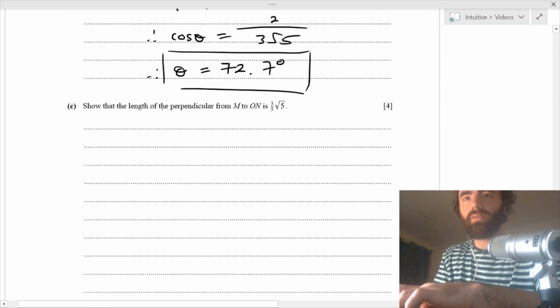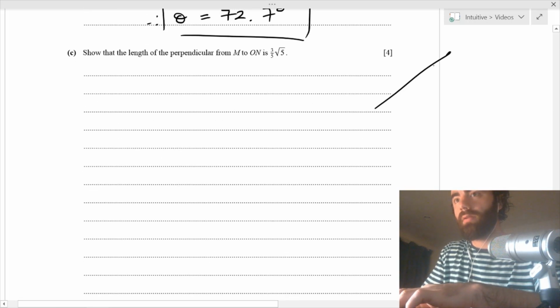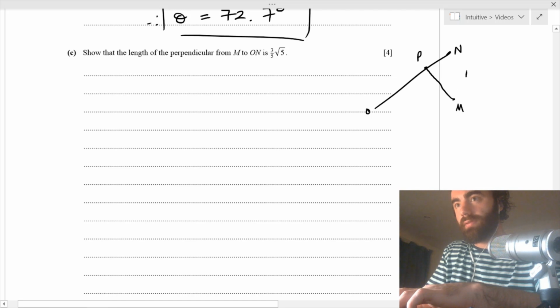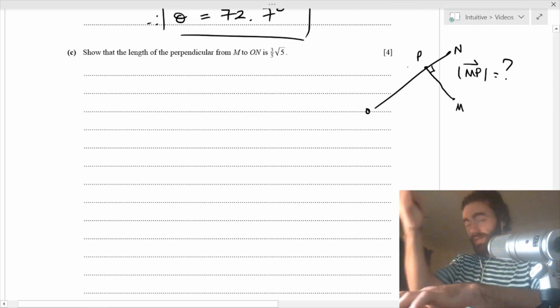So we've got this line ON, and then we have the point M, and let's say there's this point P on this line ON. It wants the length of MP, when this is perpendicular. P is some arbitrary point.